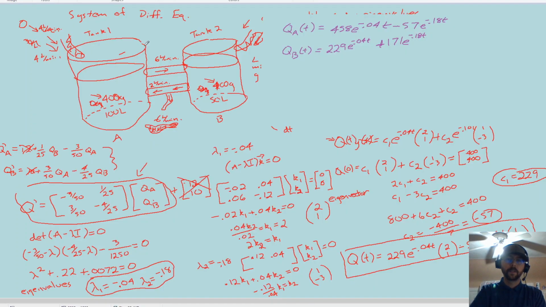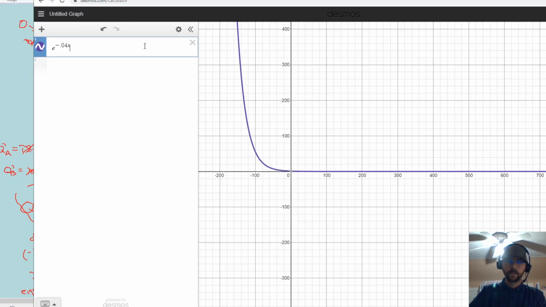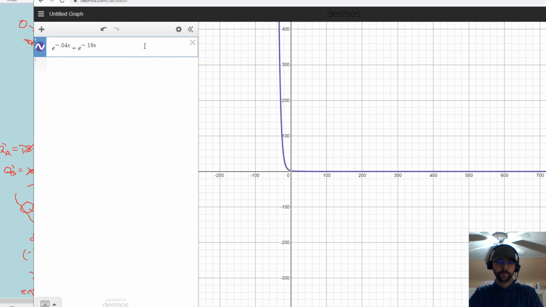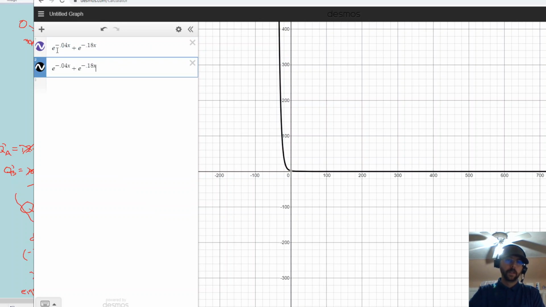We've got to use x and y. And then we have e to the negative 0.18x plus e to the negative 0.18x. No, those are too close.